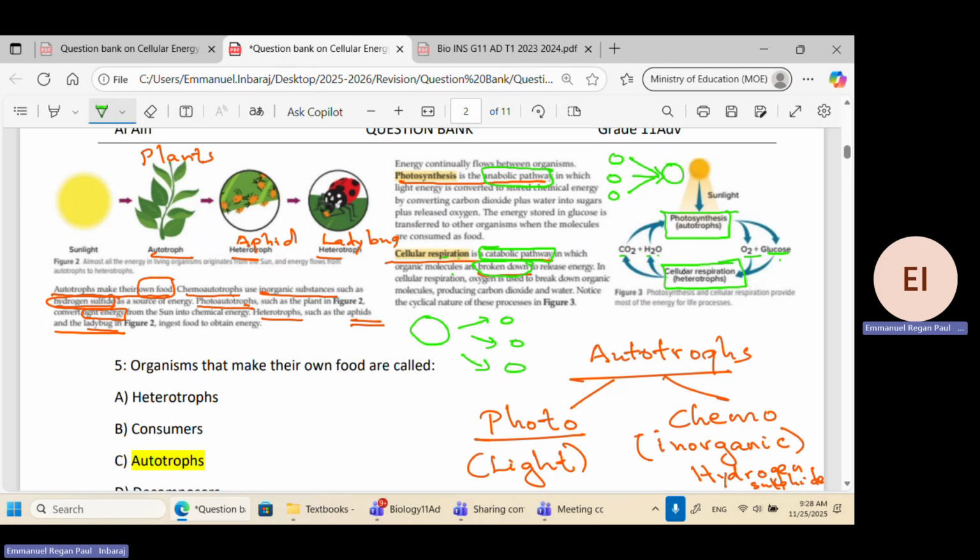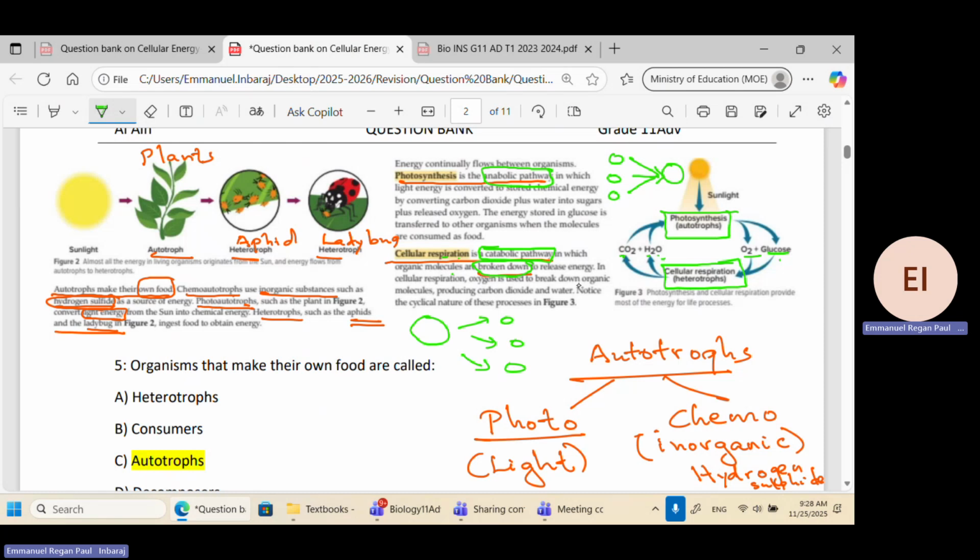And down you can write cellular respiration. It is taking place in heterotrophs. And remember the arrow marks, and here is the input of sunlight. Don't forget, you have to memorize this picture because they can put a box here and ask what this is in your exam. So you must be very, very careful.